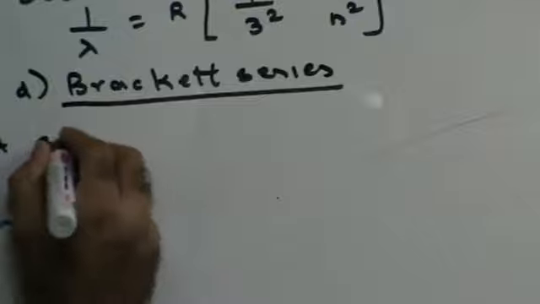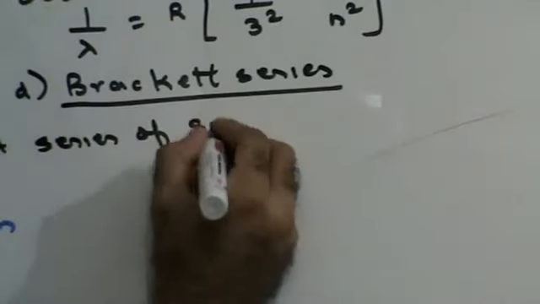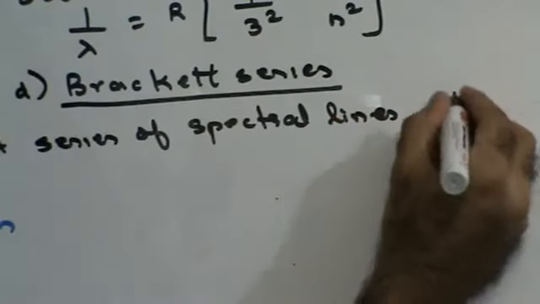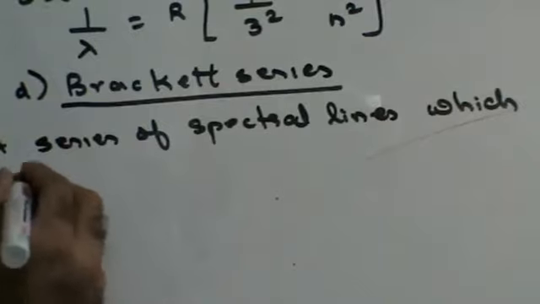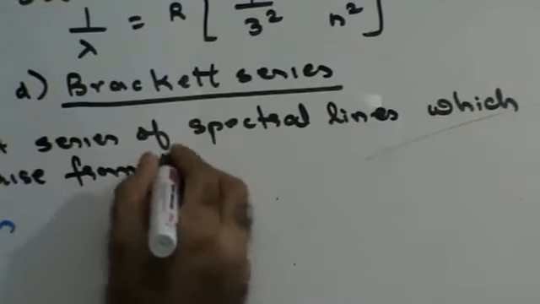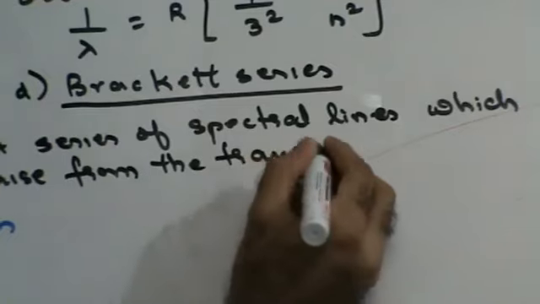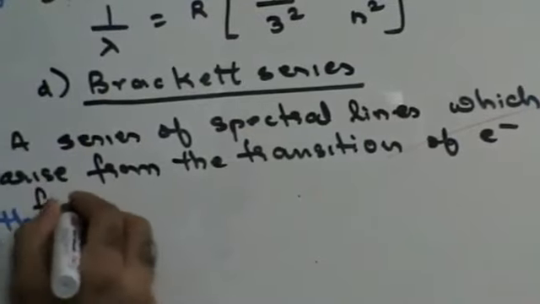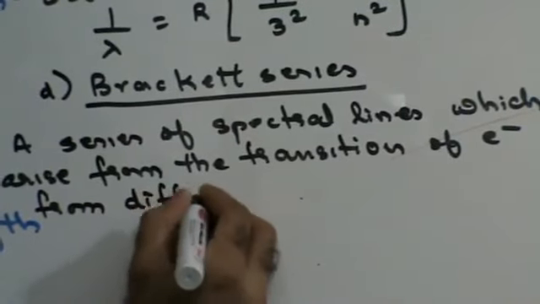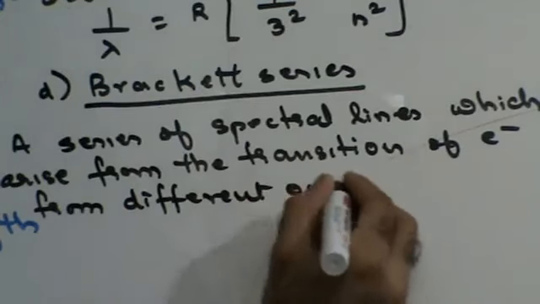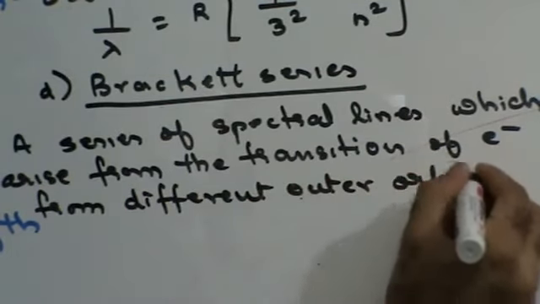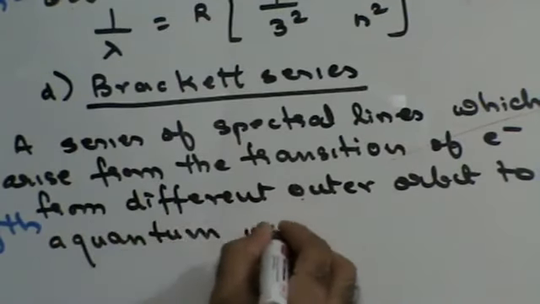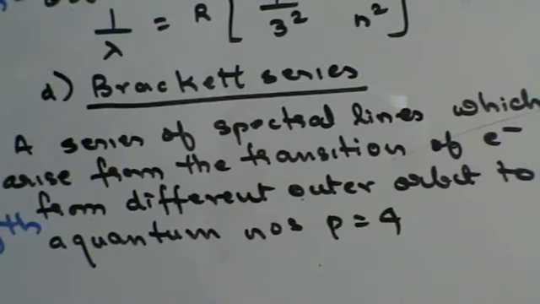So it is a series of spectral lines which arise from the transition of electrons from different outer orbits to a quantum number p is equal to 4, right?